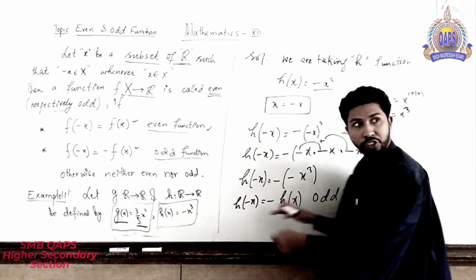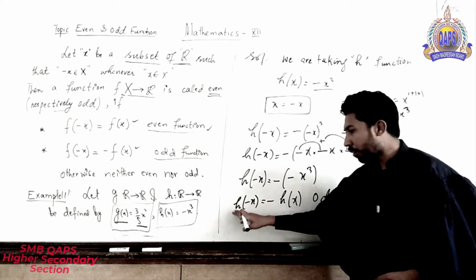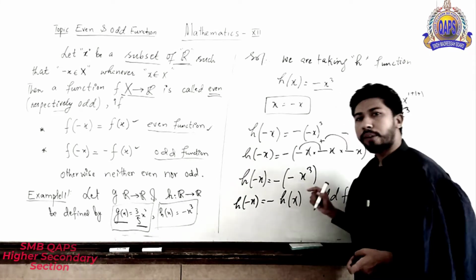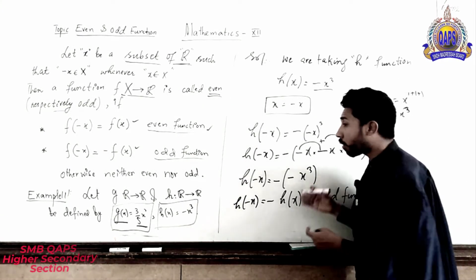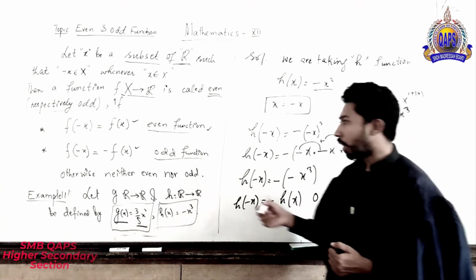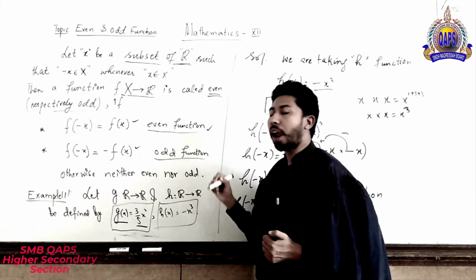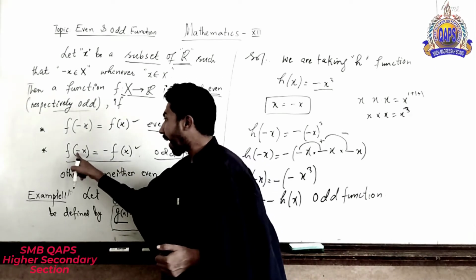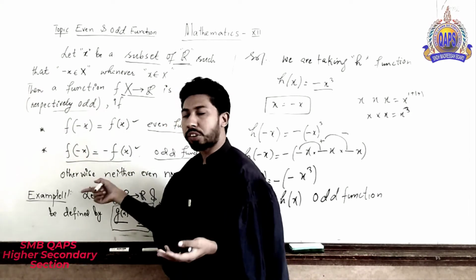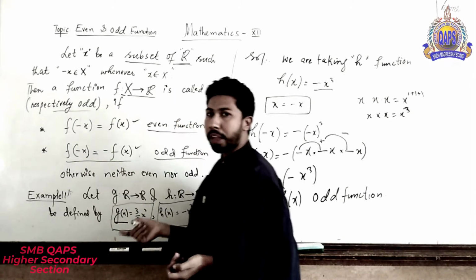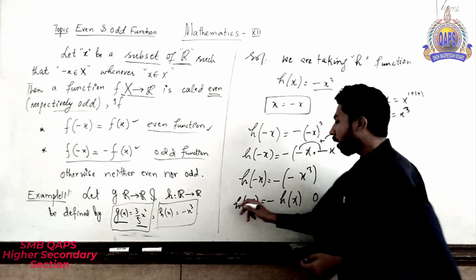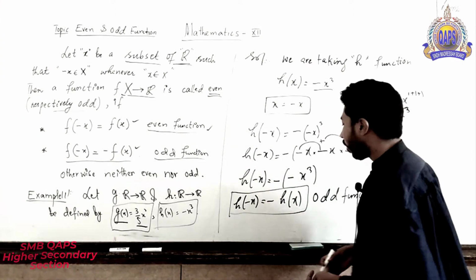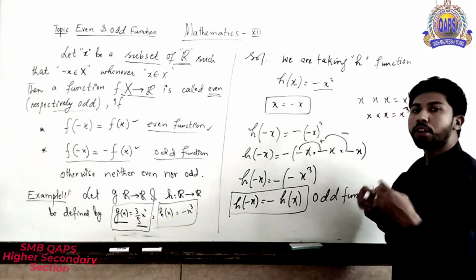So h of minus x is converted into negative h of x. This type of function we can say is an odd function, because if we put negative x, then the whole function is converted into the negative sign. So this function represents the odd function.